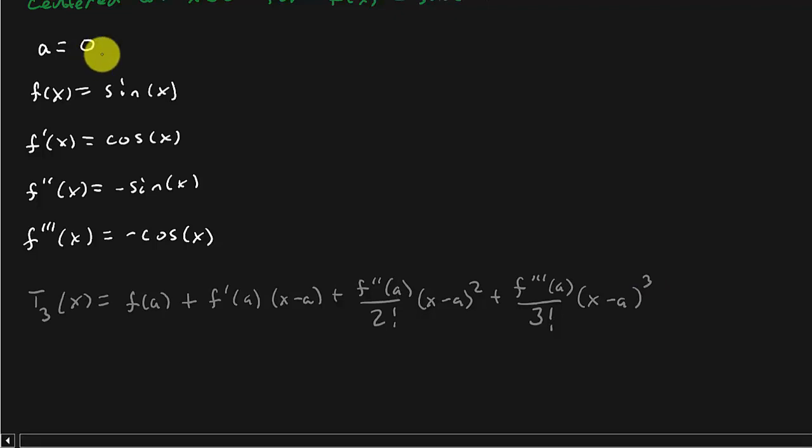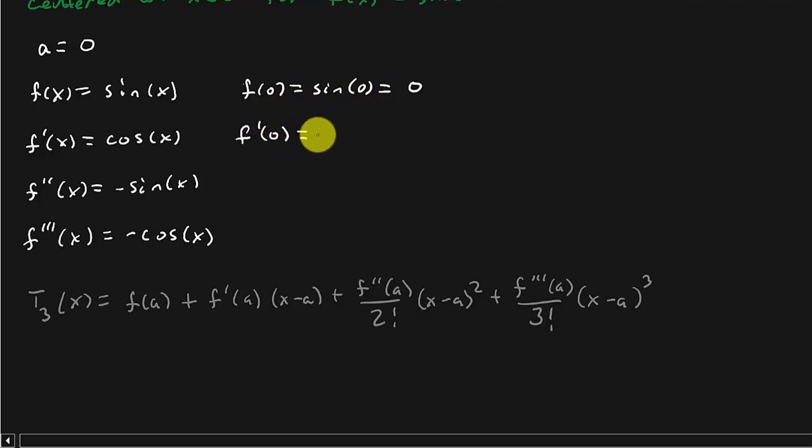So you can see we need to evaluate f at 0. F prime we have to evaluate at 0, f double prime, and f triple prime. We've got to evaluate all of these at 0. So we have f of 0 is sine 0, which is 0.